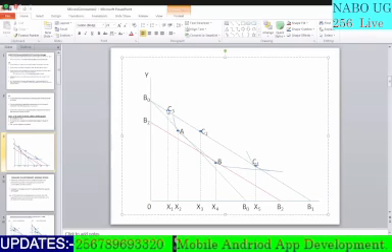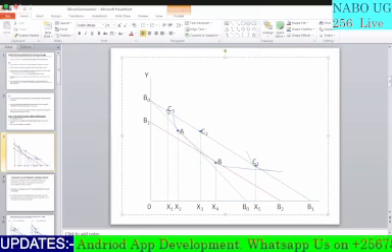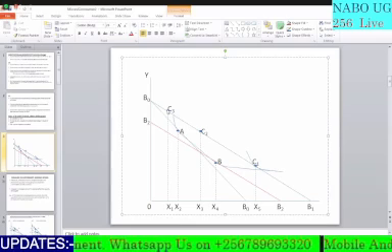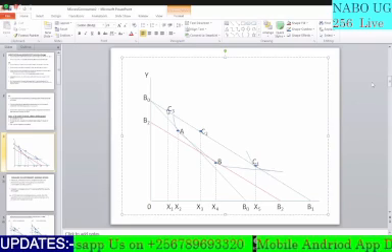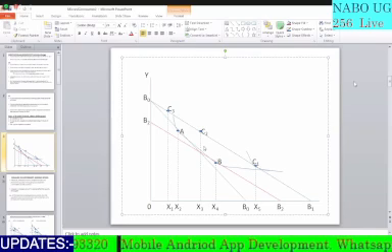And that happens for a Giffen good. We know that for Giffen goods, the price and quantity demanded move in the same direction, but these Giffen goods are also inferior goods. So basically, that means the income effect will also be negative.